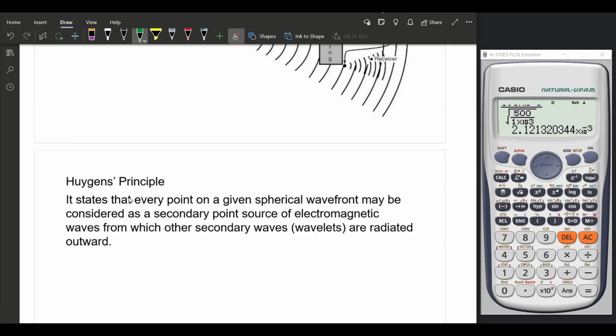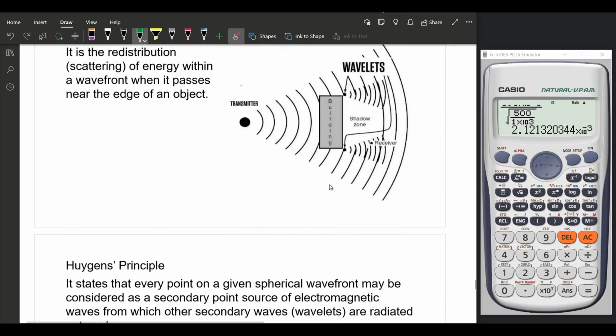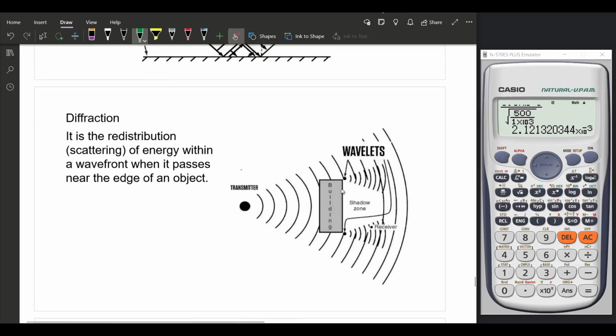Huygens principle states that every point on a given spherical wavefront may be considered as a secondary point source of electromagnetic waves from which other secondary waves or the wavelets are radiated outward. So yung kagaya nga nung kanina, you can actually consider this point and this point as secondary source of wave. Okay? Kasi dyan tumama yung primary wave natin. And yung tawag natin dun sa mga secondary waves is mga wavelets.